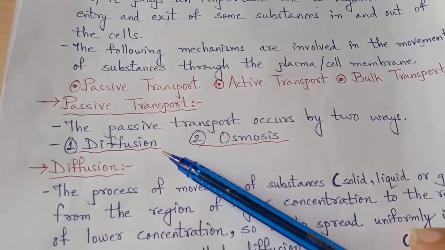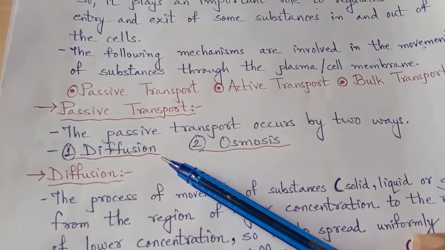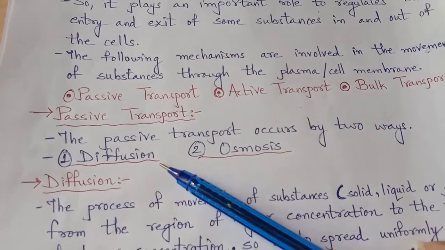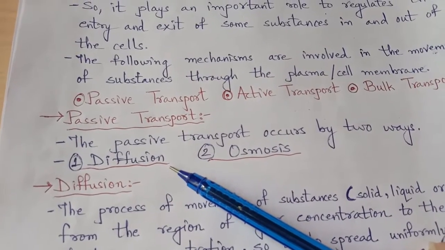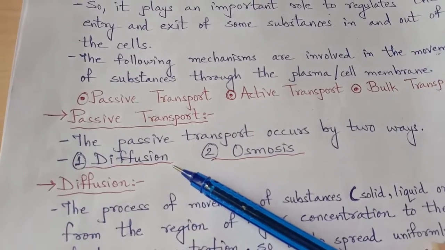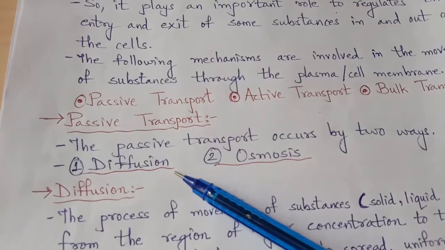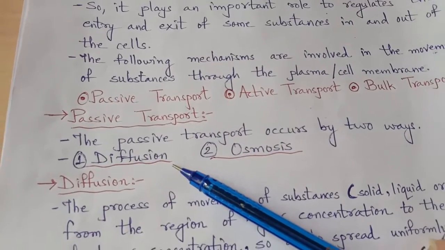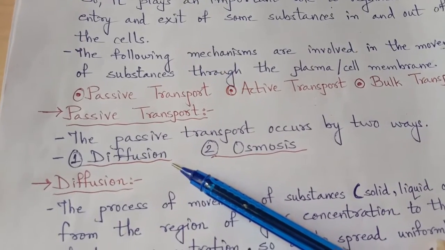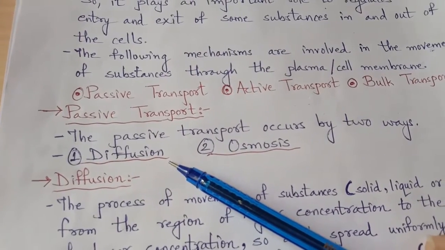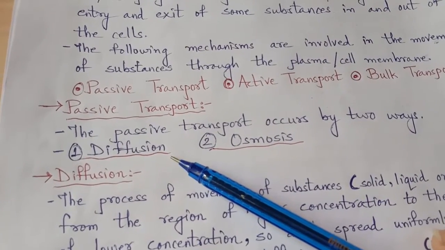The molecules of ink have evenly spread out into the space available in the liquid water, because liquid is a state of matter which has little space in between each molecule, and thus without any external factor, external force, external energy, the red ink or blue ink evenly spreads out into the water. So this type of intermixing on its own is called diffusion.